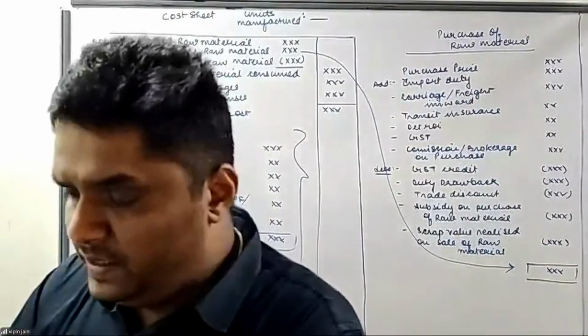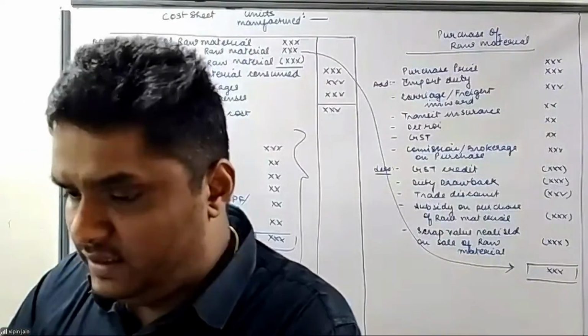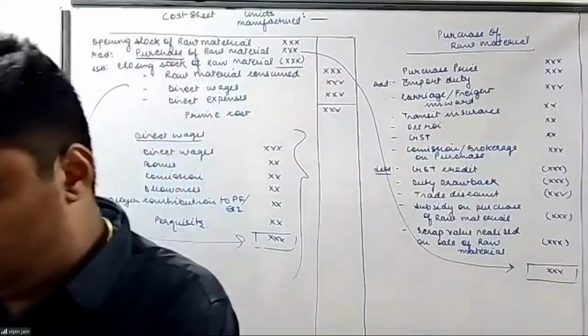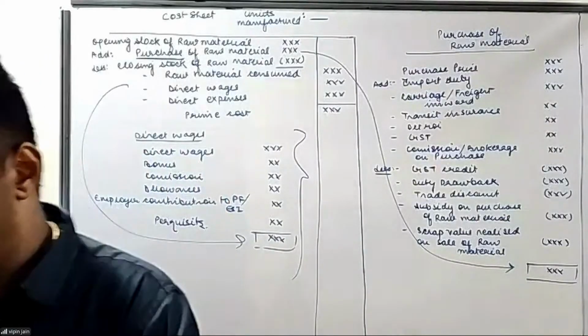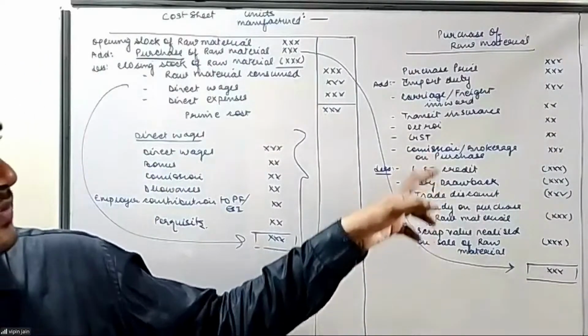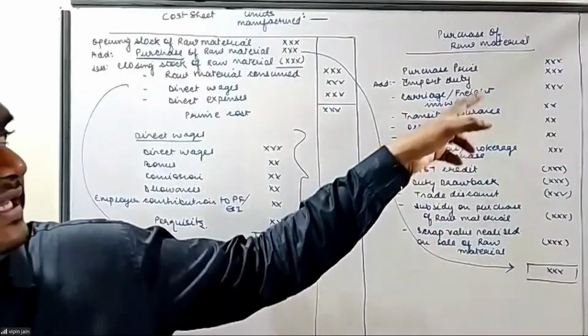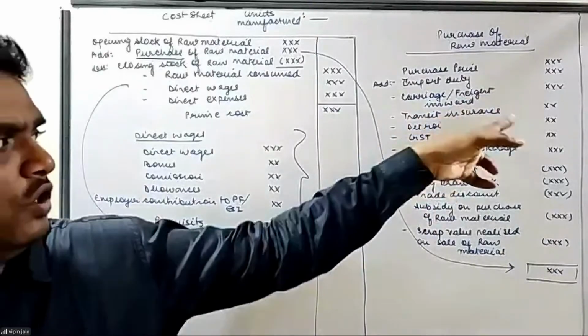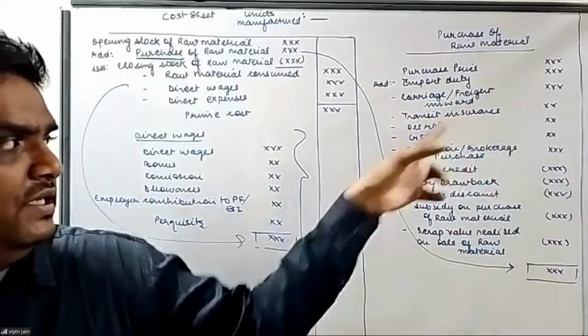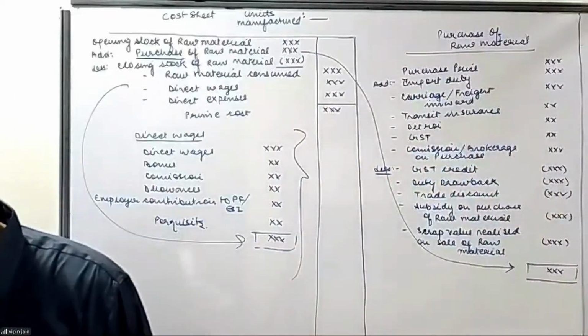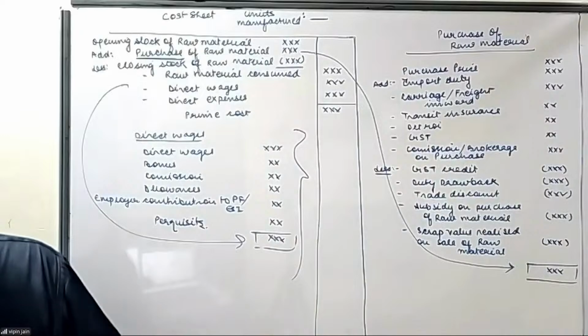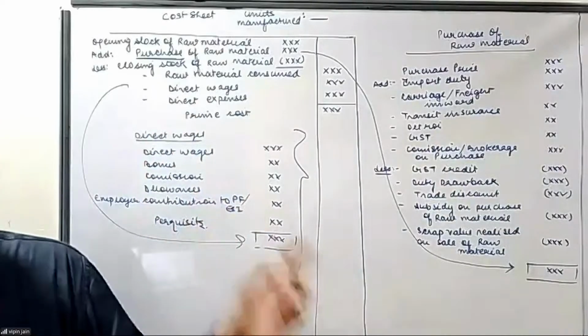Aisha, can you be please more clear? I'm not getting what you are saying. This is not transmission insurance. This is transit insurance. This is octroi. This is GST. This is commission or brokerage paid on purchases. PF is Provident Fund.